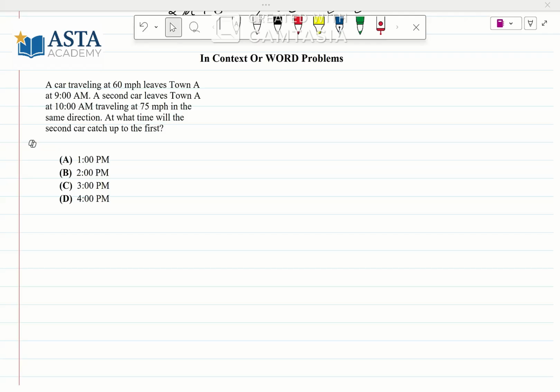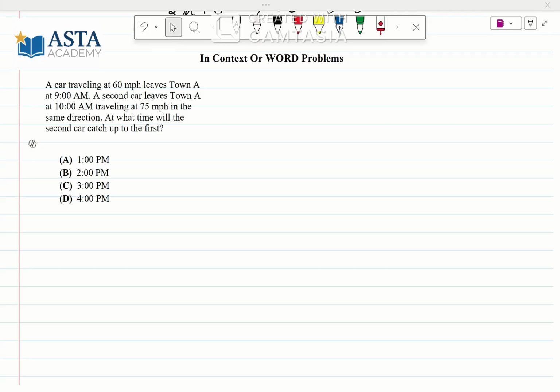Today we are going to look at in-context or word problems, and we are still looking at linear equations in a single variable. So here is a word problem. Please go through it.